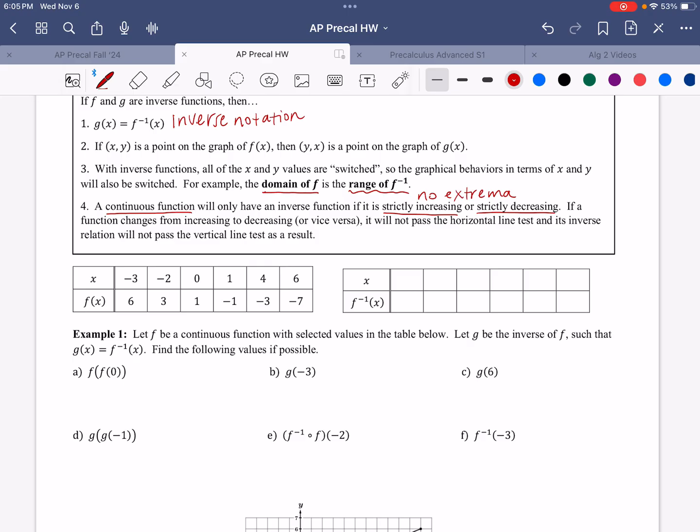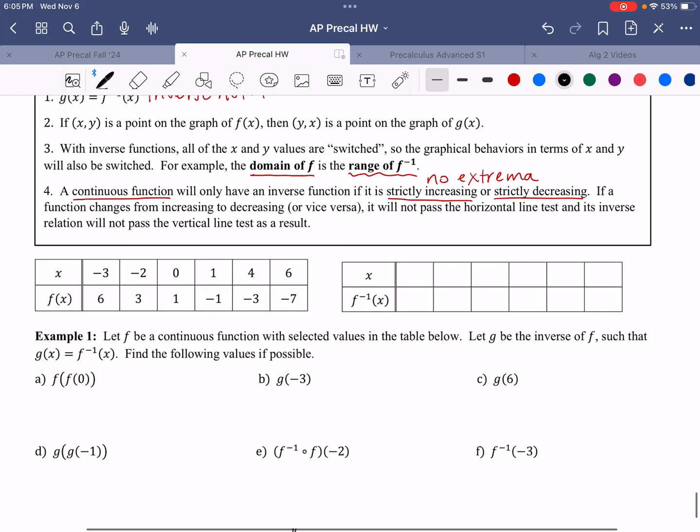What we touched on last class is, for example, if we talk about a function, I know we did this as the example last time, but if we say f of x is x squared, this function doesn't pass the horizontal line test.